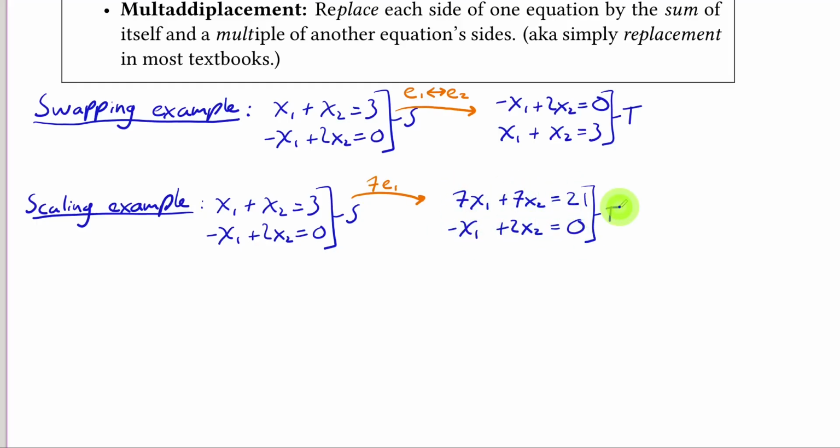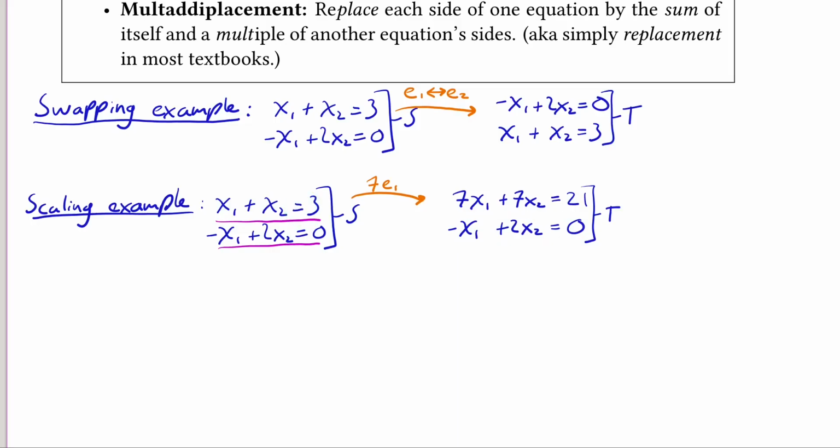And you can clearly see that these are going to be equivalent systems, just like whatever ordered pair you plug in that makes both of these true is also going to make both of these true. The second equation didn't change, so its solution set's definitely not going to change. And the first equation has two equivalent versions. And you've studied in algebra why those are equivalent.